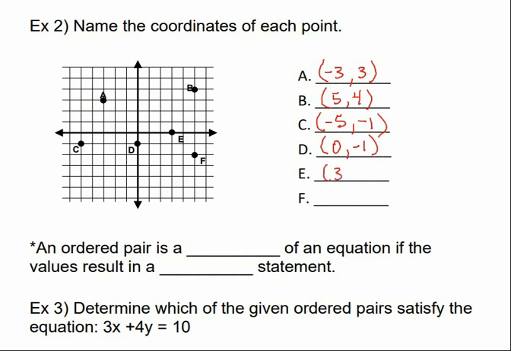And then we don't go up or down, so my y-coordinate is 0. Okay, and then the last one, F, we're going to go to the right 1, 2, 3, 4, 5 spaces. So that's a +5, and down 1, 2, -2. So +5, -2.